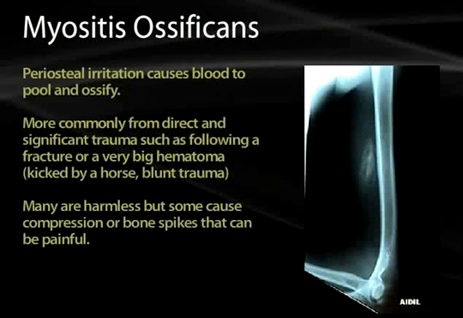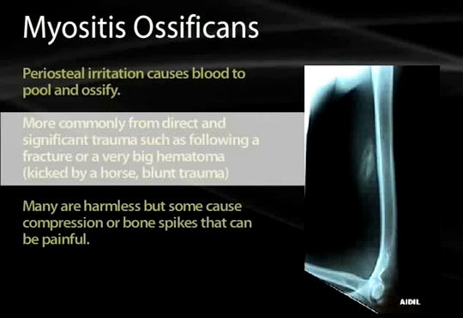Here you can see a myositis ossificans in the bicep, and there's a spike of bone buried inside the biceps muscle. Sometimes they're asymptomatic, but other times these can actually be irritating upon function of the muscle, especially in the large muscle groups where they can be quite large and irritating, such as the quadriceps or the biceps.